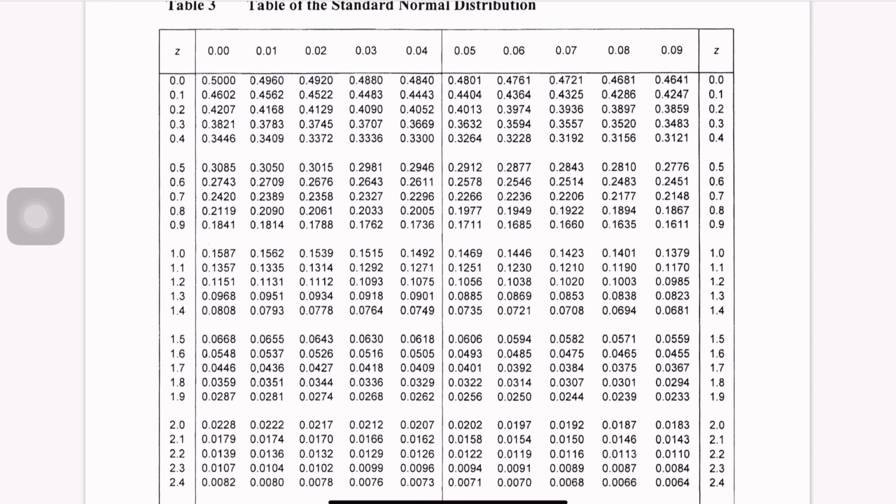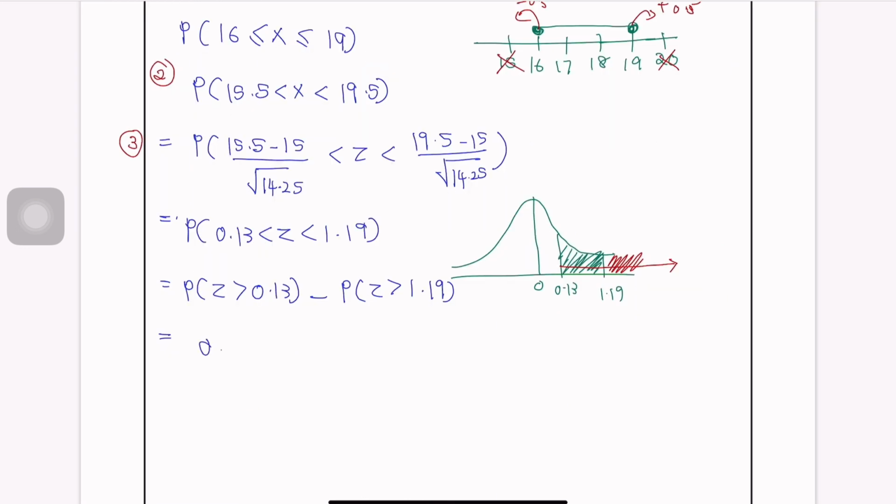So let's look at the normal table. 0.13, so what is the value? 0.4483. 0.4483 minus probability Z greater than 1.19.